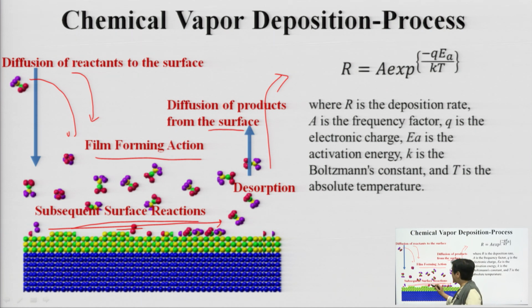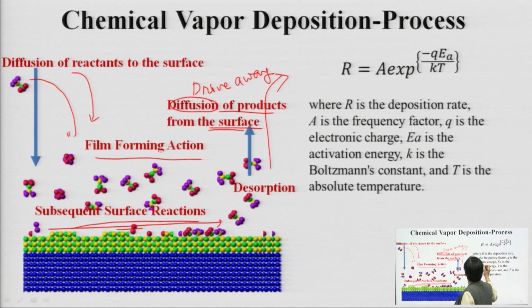Once the species are deposited, the excess material which is allowed to flow has to be eliminated or dislodged, to be precise, driven away from the surface, so that further degradation or deterioration of the surface is prevented. So you need to drive away the products from the wafer surface.